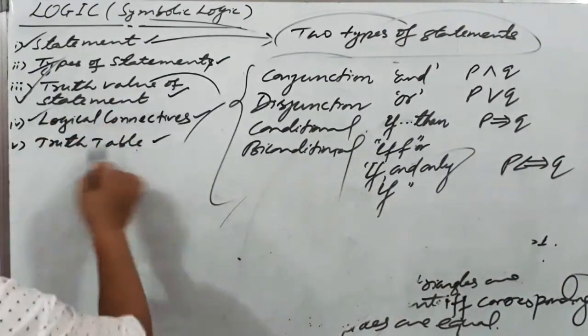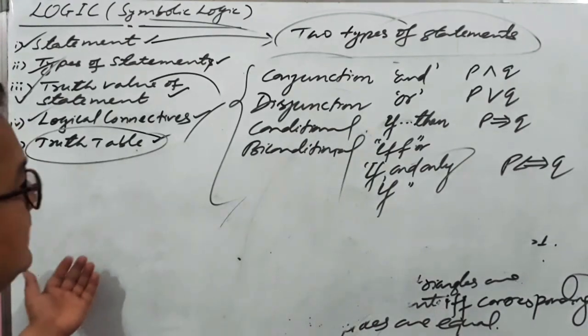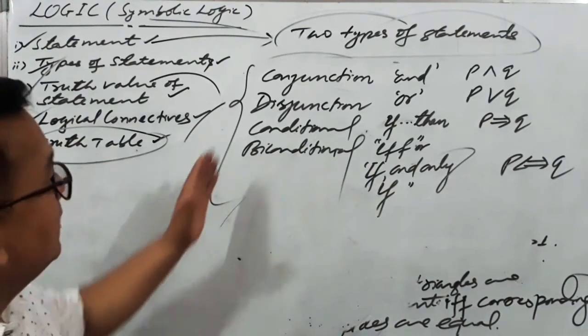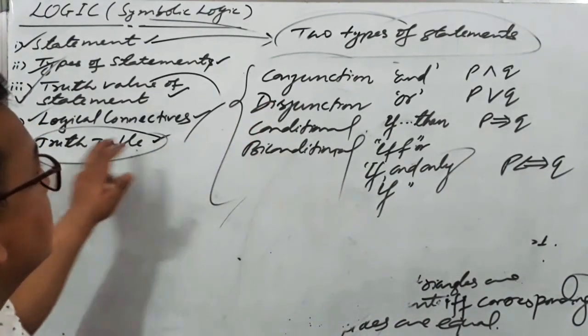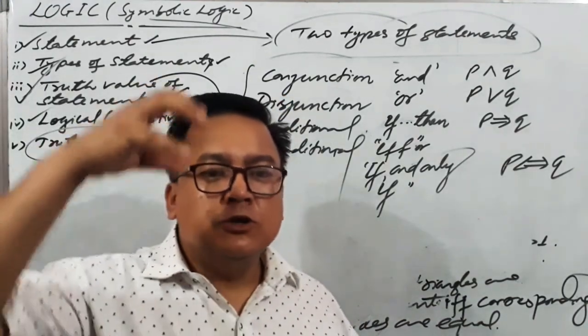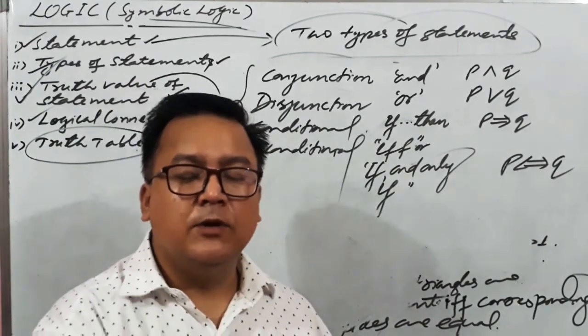This is also done. Now the truth table is left to be done. In the next video I'll tell you, because it takes time, we have to learn firstly how to make the truth table of conjunction, disjunction, conditional and biconditional, with a solid idea so that you will not forget.